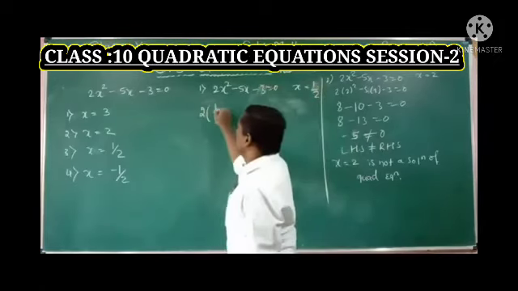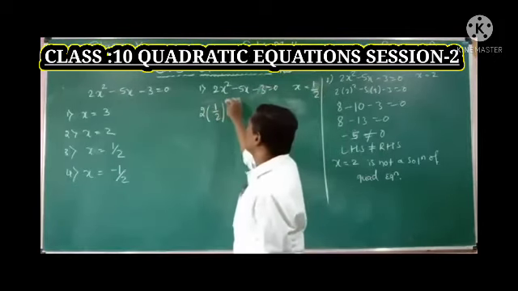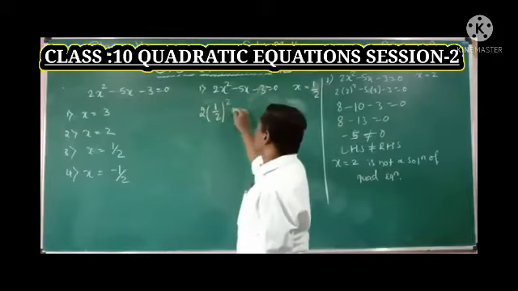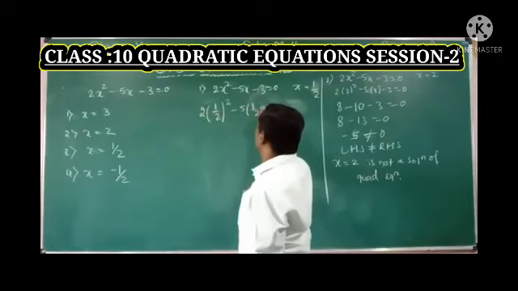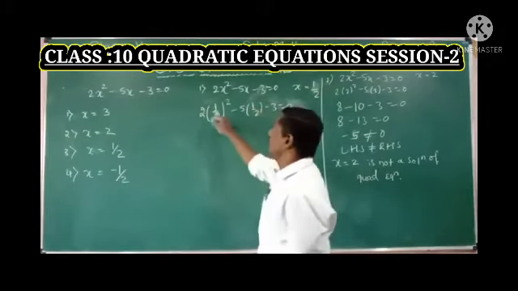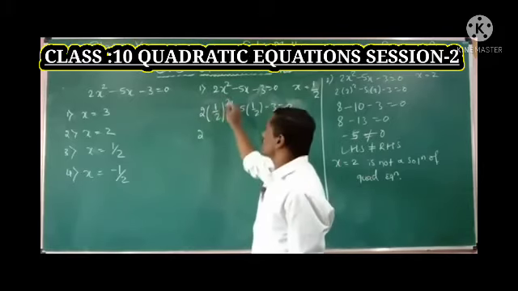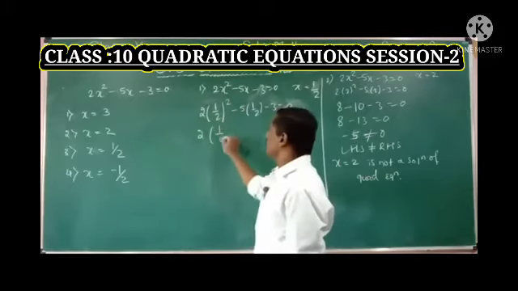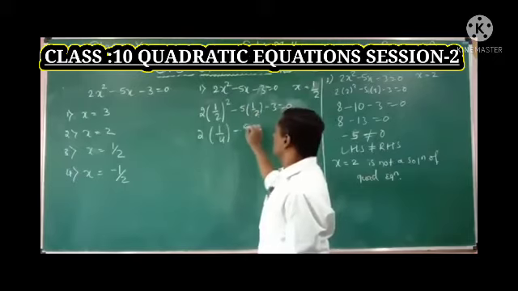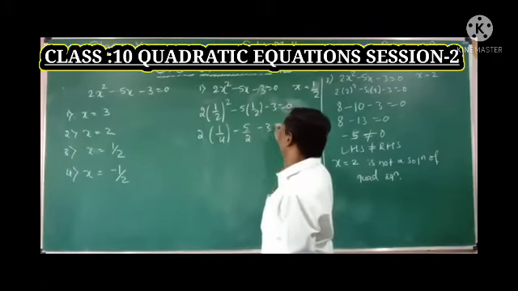In the place of x, just substitute the x value. 2 into 1 by 2 whole square minus 5 into 1 by 2 minus 3 which is equal to 0. Write this 2 as it is. 1 square is 1, 2 square is 4, minus 5 ones are 5 by 2 minus 3 which is equal to 0.